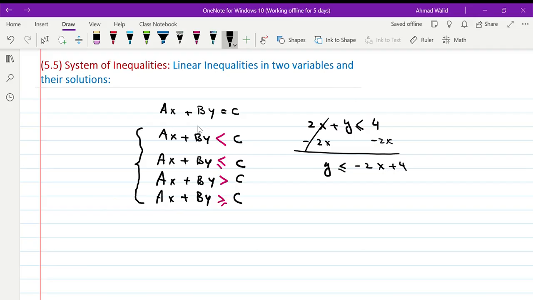What is the solution for this system? You can use a table.